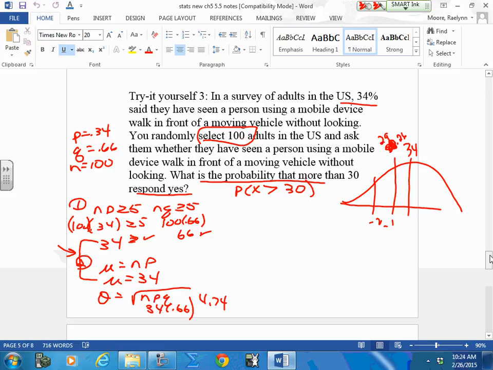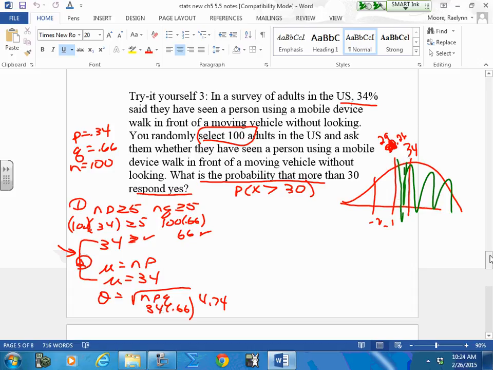Right? So if I want this to be more than 30, I'm here. Is my answer, is my area going to be greater than 50% or less than 50%? Greater. Because what's going to happen when you look up your area, you are going to be less than 50% because you looked up the left-hand side.